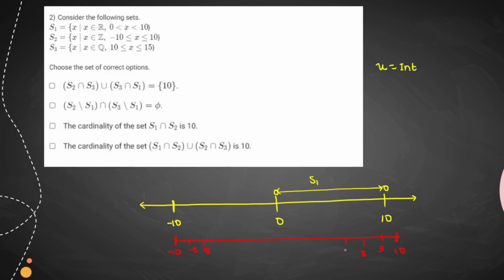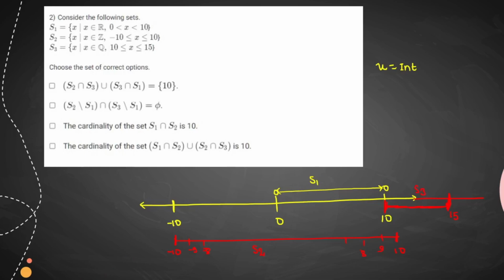It will take discrete values only, so this is S2. And S3 is all rational numbers from 10 to 15. It will extend further, including 10 and 15. So this is S3.